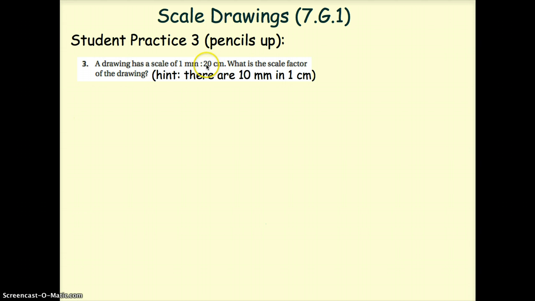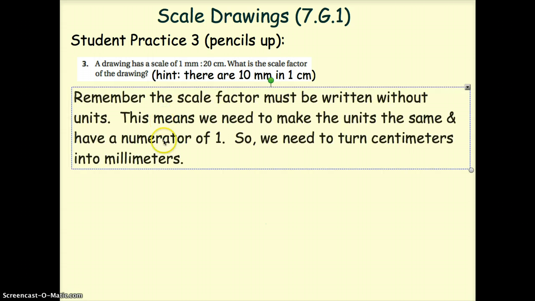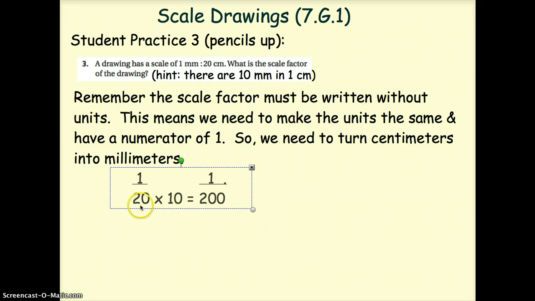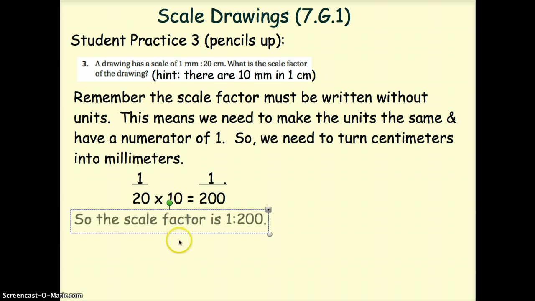So if in every single centimeter there's 10 millimeters, we are going to multiply 20 times 10 and we find 200. So that means our scale factor is 1 to 200. Okay, so notice this one was a little easier because we didn't have to find the scale, we were already given it.